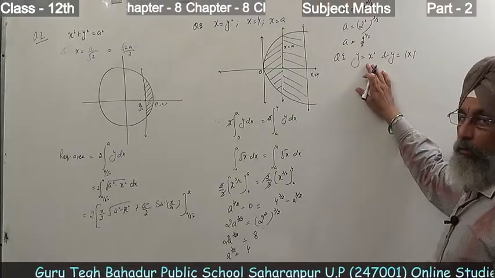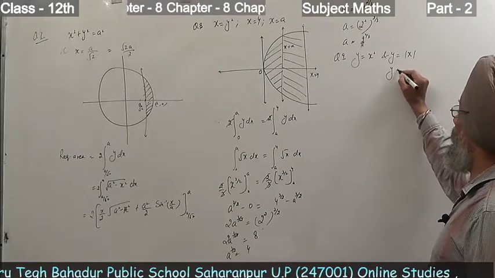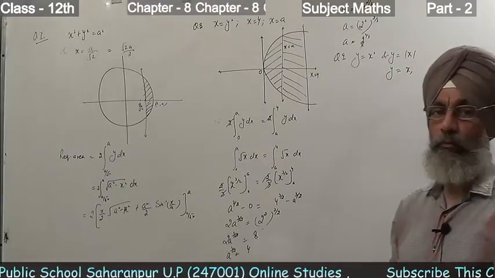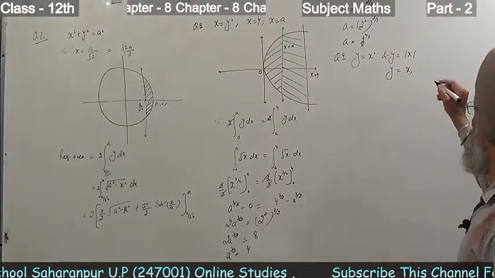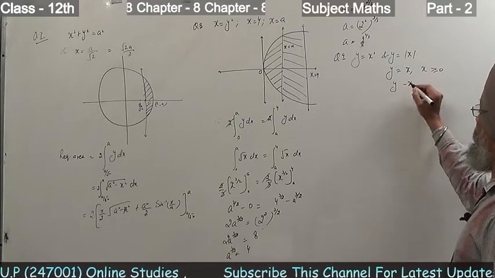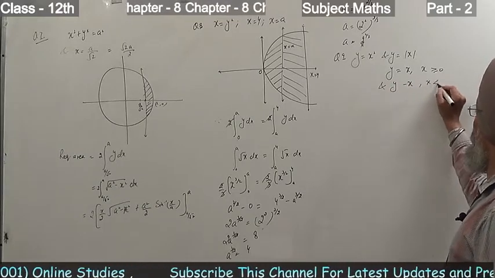Now this is a parabola. Now y is equal to mod of x means positive value or negative value lies inside this mod. So if x is positive, then y is equal to x. y is equal to minus x if x is less than 0.